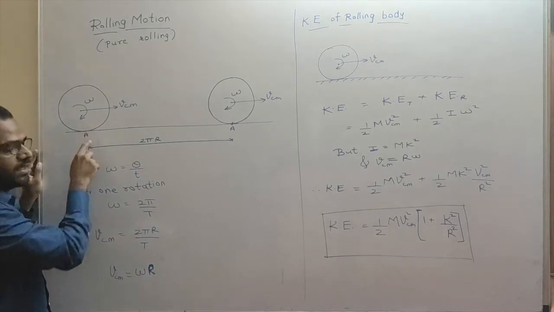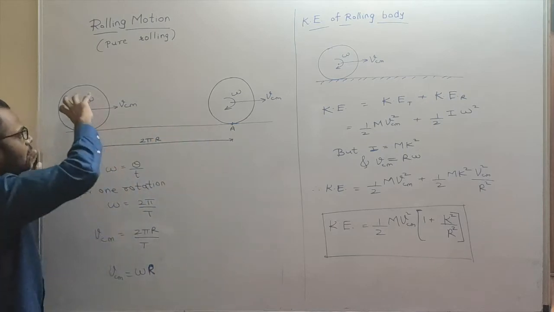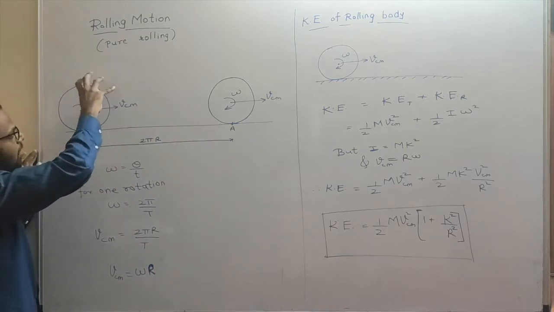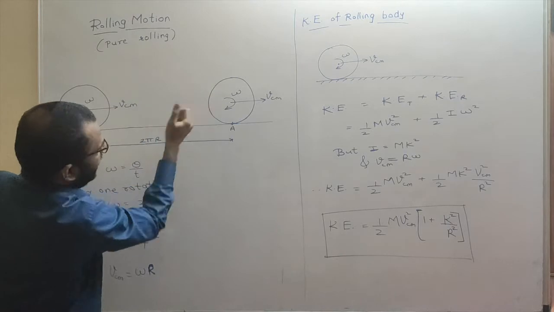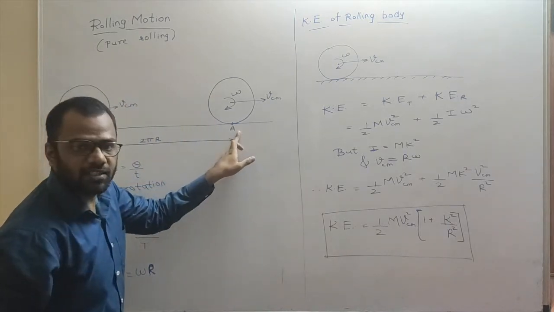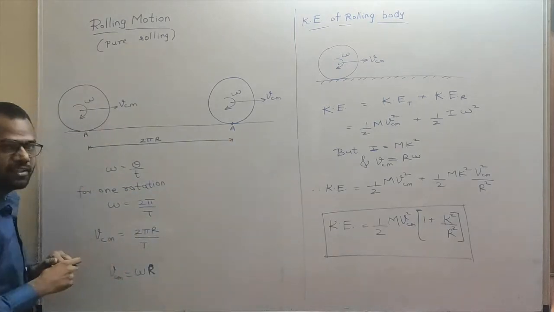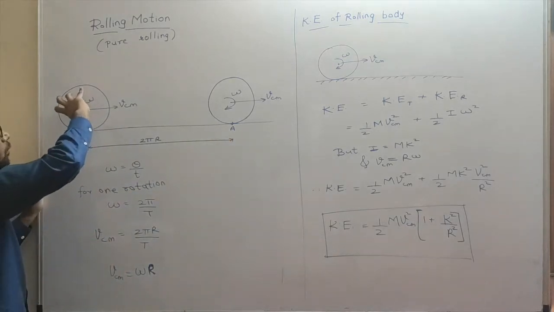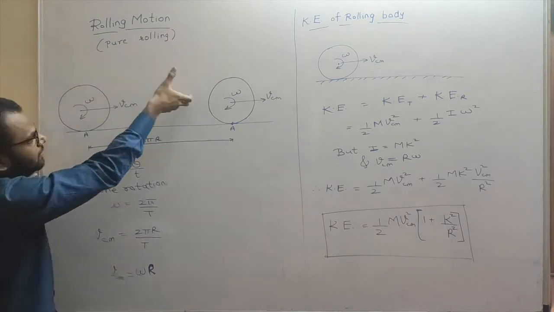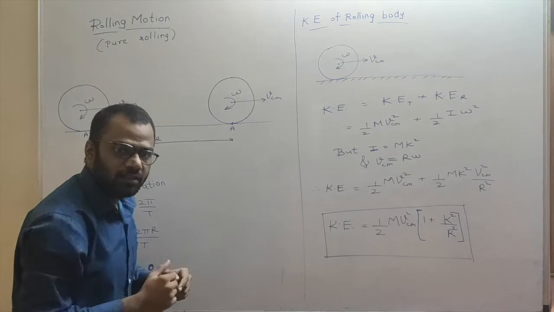That point right now is at the bottom, in contact with the surface. When it performs one rotation, A should be back on the surface, because it was initially at the surface.